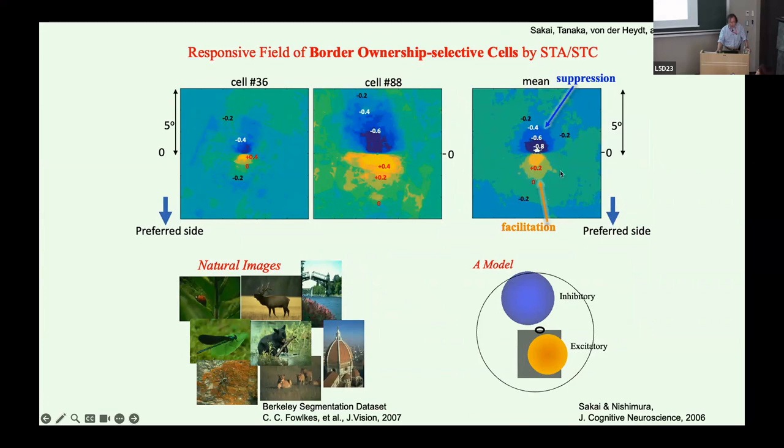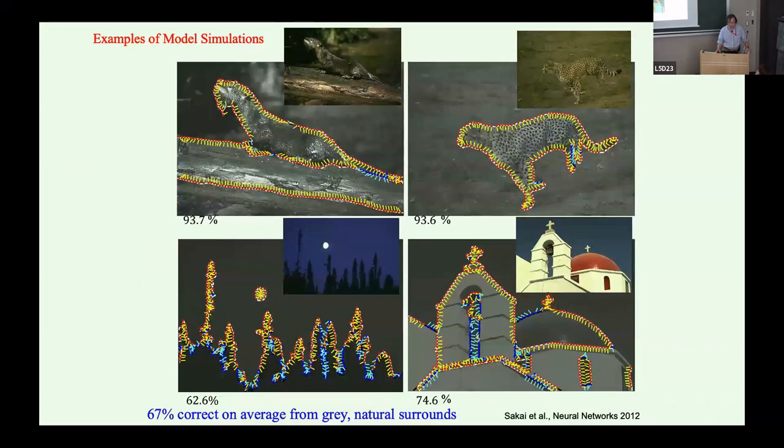We observed facilitatory and suppressed regions with regard to border ownership. And a model based on this receptive field naturally reproduced the border ownership in natural images. This slide shows an example of a simulation result. Yellow shows the correct estimation of border ownership, and blue, the incorrect one. And this result shows a good agreement with human perception.